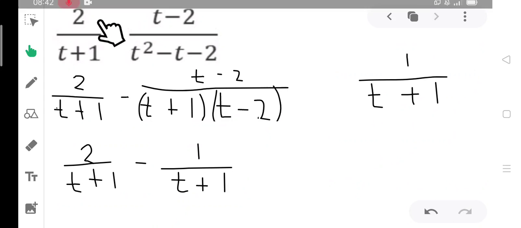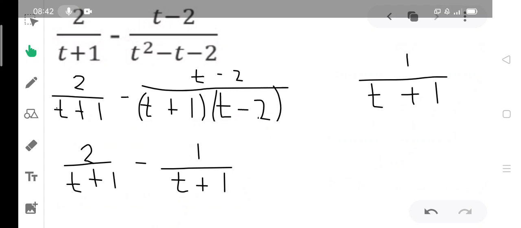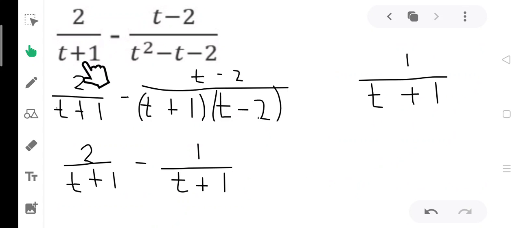Okay, last one. We have 2 over t plus 1 minus t minus 2 all over t squared minus t minus 2. So, yeah, I just copied this one, 2 over t plus 1. And then since this one, t squared minus t minus 2 is factorable, I factored this one.